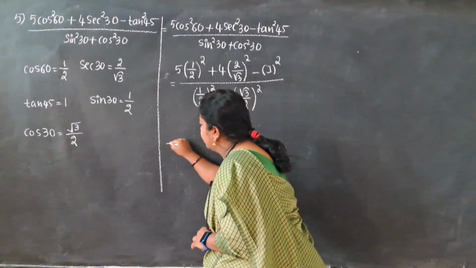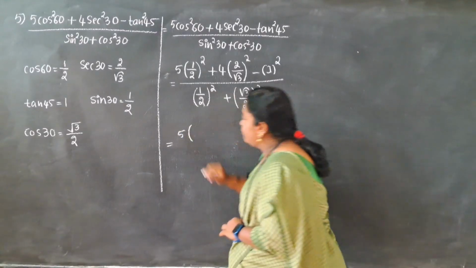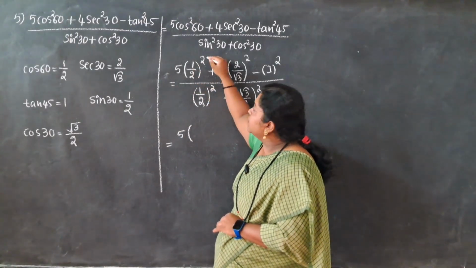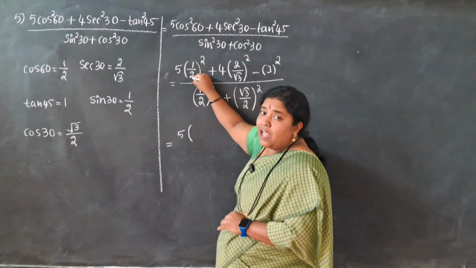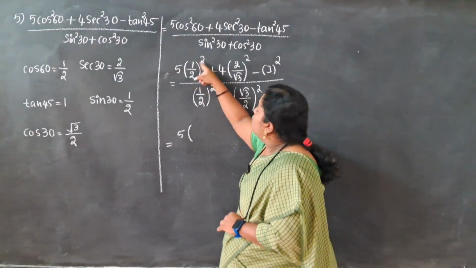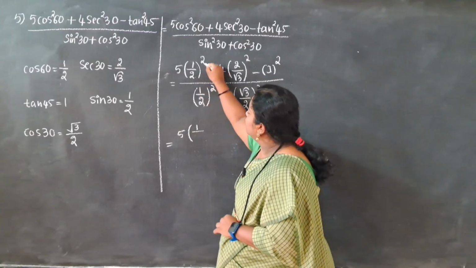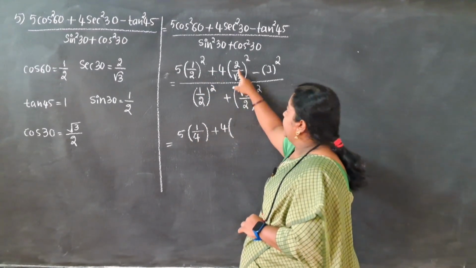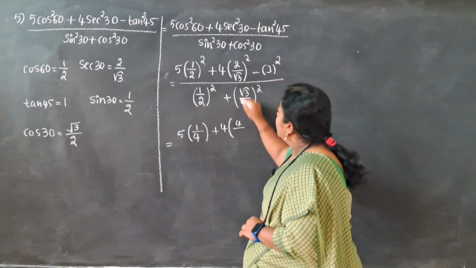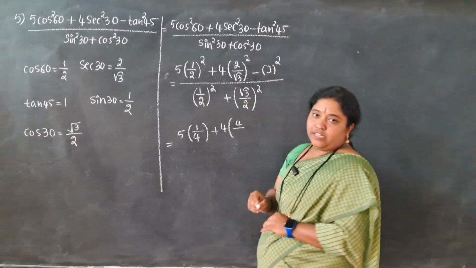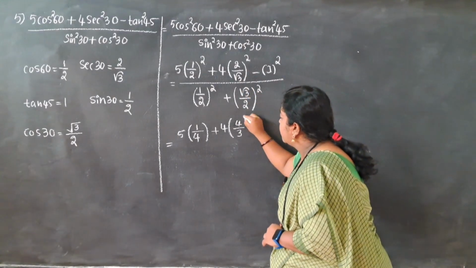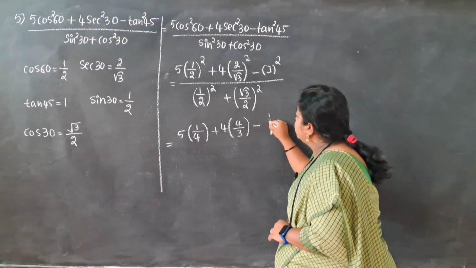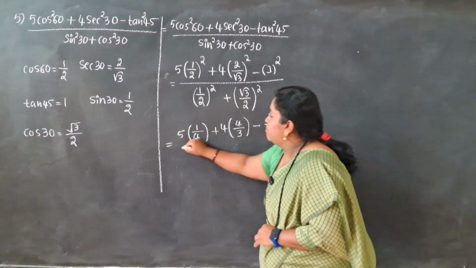Look at the board. 5 into bracket 1 by 2 the square: 1 square, and the square is related to both the numerator and the denominator. 1 square is 1, 2 square is 4, plus 4 into bracket 2 square is 4, root 3 square is just 3, because square and root get cancelled by each other. 1 square will be just 1, so I'll write it as 1 by 1.